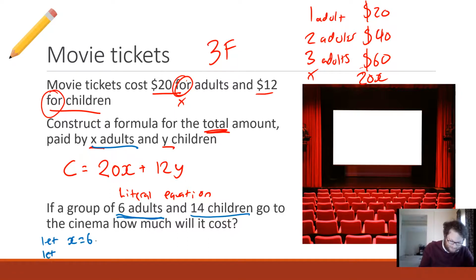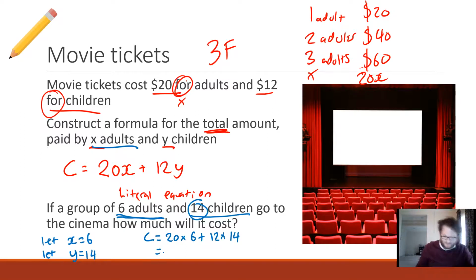We're going to let y equal, you guessed it, 14. So then I'm going to have C equals 20 times, not x, 6, plus 12 times, not y, 14.